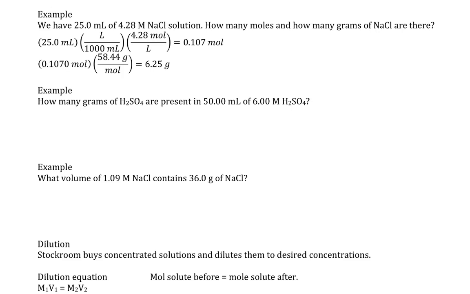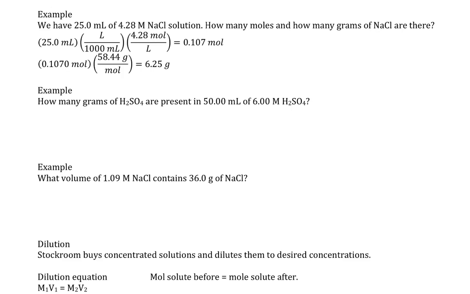Alrighty, so we're going to be using the molarity as a conversion. Now, molarity has liters in it, so first off, we have to convert our 25.0 mL into liters. And then we write the molarity such that we have liters in the bottom, so they'll cancel with the liters in the top, and we're left with just moles.